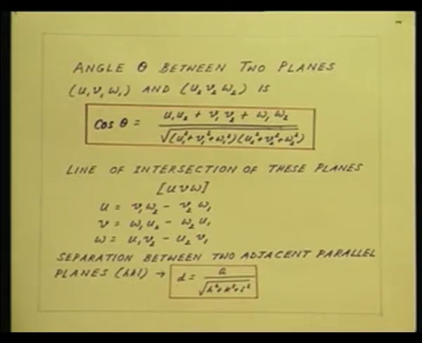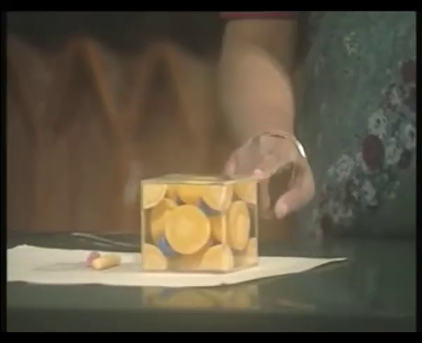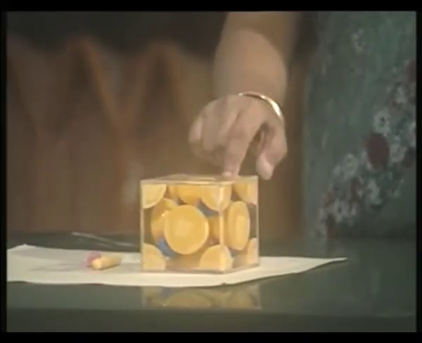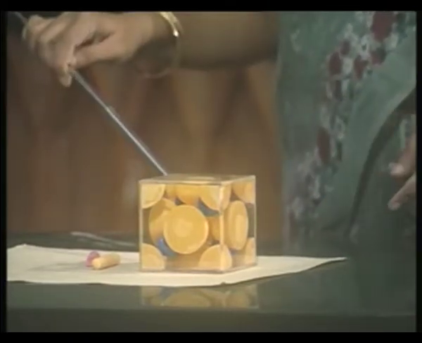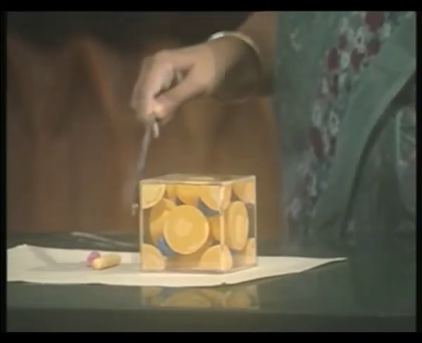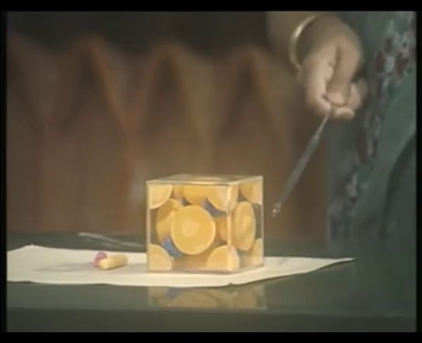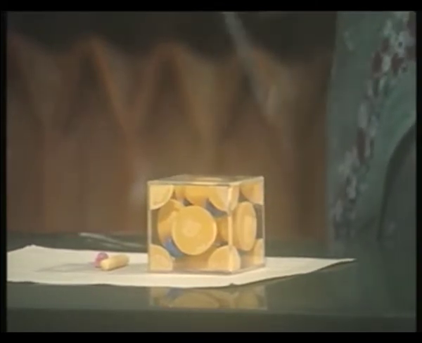And finally, the separation between two adjacent parallel planes. When I say two adjacent parallel planes, what I mean is, this is one plane, and this is its adjacent parallel plane, the front plane and the back plane, or you can say this and this, or the top and the bottom.